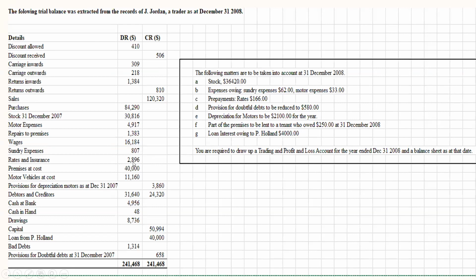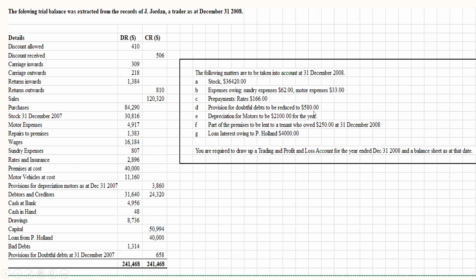Rates and insurance is $28.96. But the prepayment is saying rates $166. So we know that there was a prepayment of $166, and we need to minus this from our rates account to get our actual figure for rates. It should be around 2730. You're minusing that.